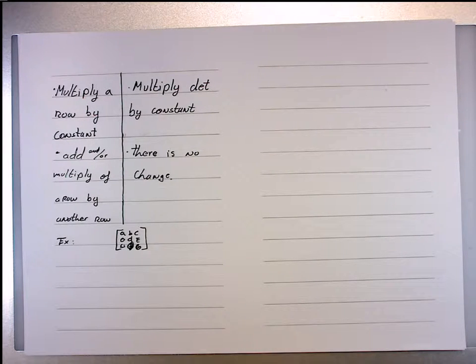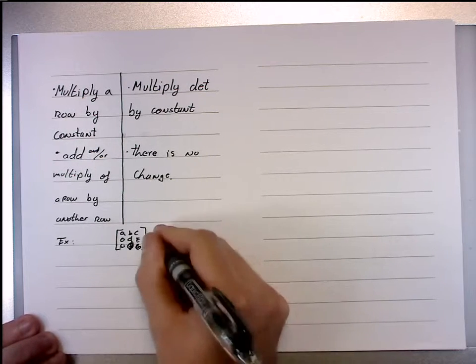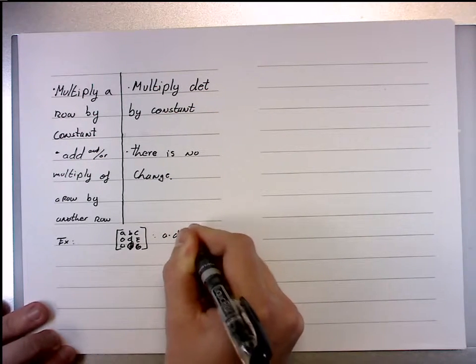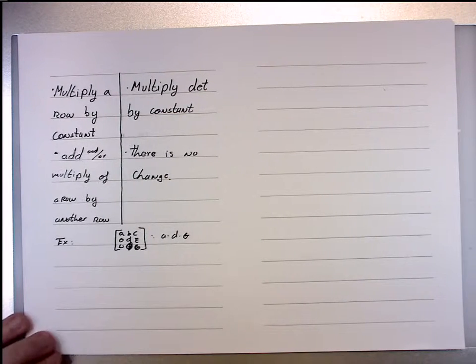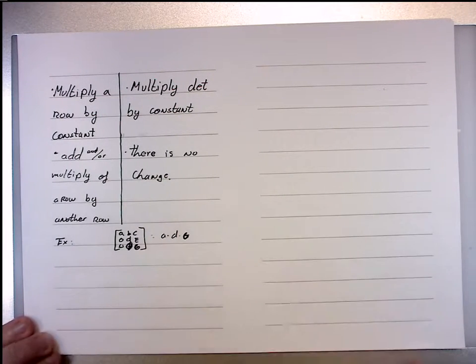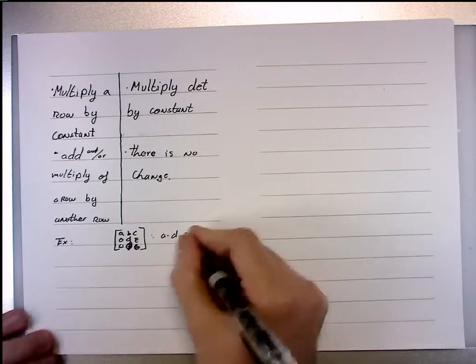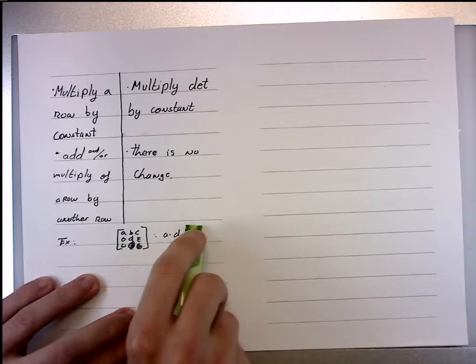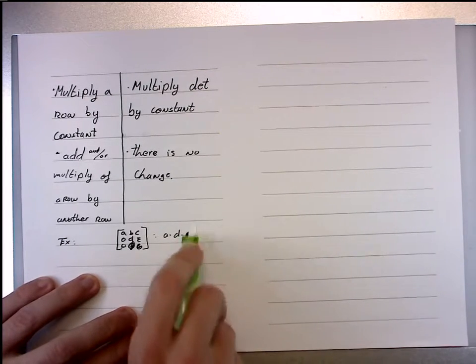So what would the determinant of your example one be? It's just going to be the product of A times D times G. That was from the last class, so this is not my example. Just a request: let's try to write matrices a little bit larger.